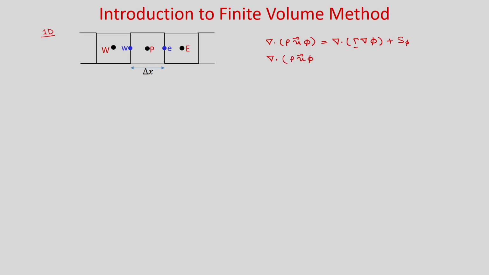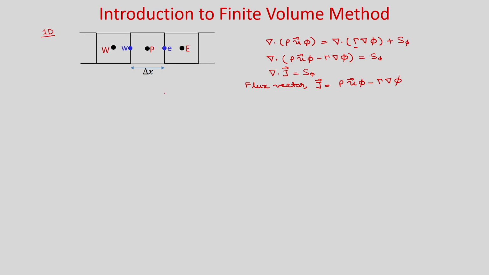If you take this diffusion term to the left hand side, then it will be minus gamma grad phi is equal to S phi, and this term we will just denote as flux vector J, okay, is equal to S phi. So, flux vector J is your rho u phi minus gamma grad phi. Okay. So, this is the governing equation.